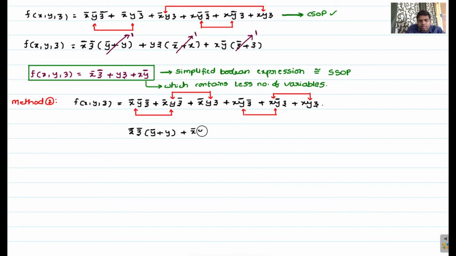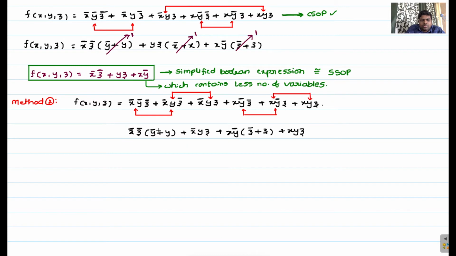After that, x bar y z, plus from these two product terms we get x y bar as a common factor, then you will get (z bar + z), plus x y z.